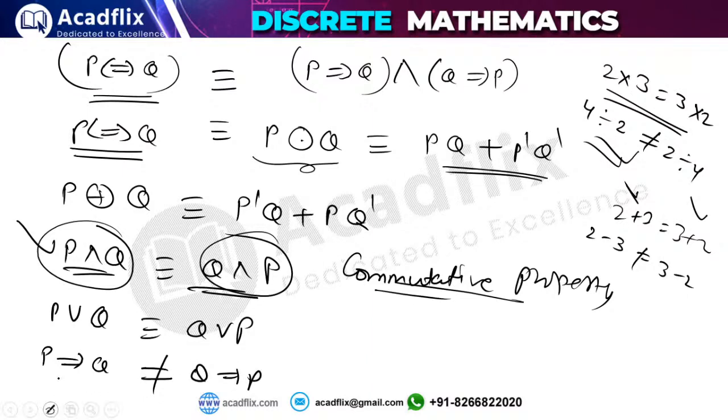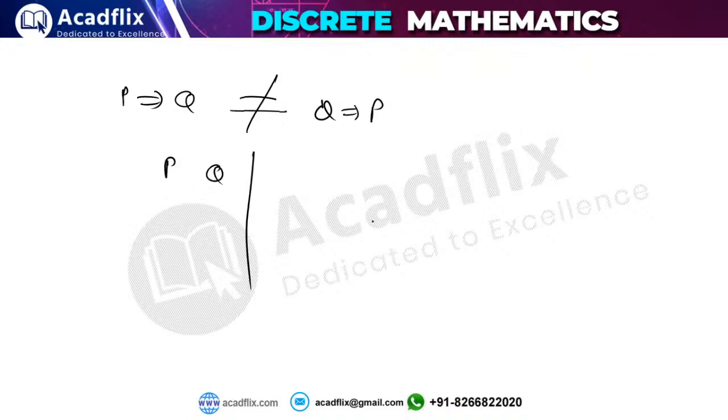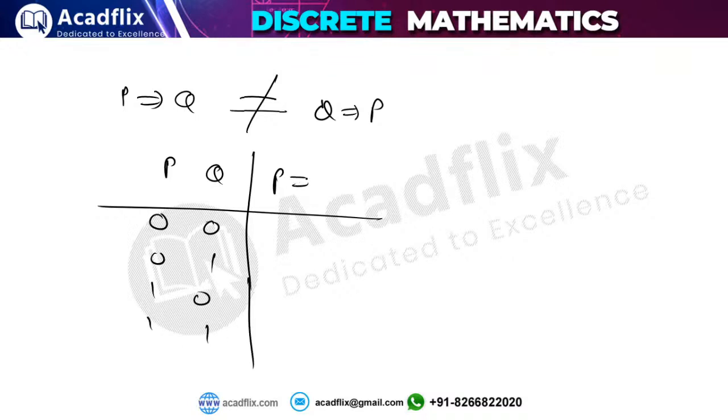Let me tell you, this P implies Q is not the same as Q implies P. So implication is not commutative. Why is it not commutative? You can very easily prove it. Just construct the truth table: 0 1 1 0 1 1. What will be the truth table of P implies Q? It will be 1 1 0 1.